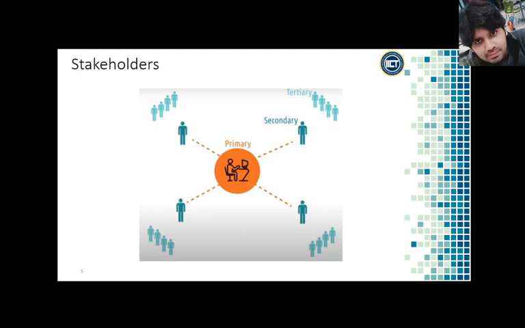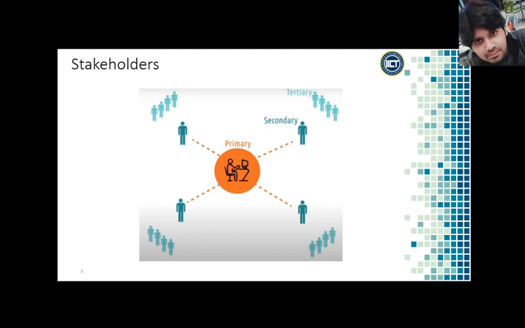Imagine we are designing a new gradebook tool that makes it easier for teachers to send progress reports to parents. Teachers would interact with the tool, inputting grades and feedback, and so teachers would be our primary stakeholders. Parents receive the output of that tool. Parents receive the progress report, and so they are secondary stakeholders.